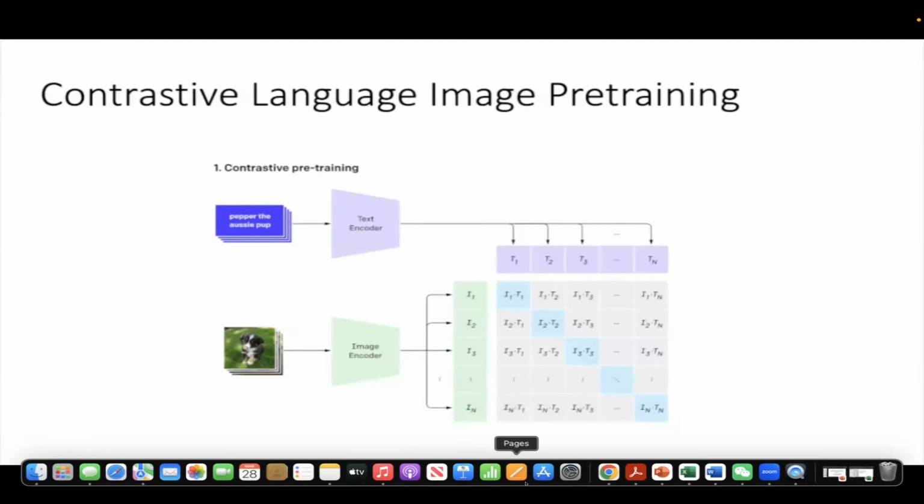So you're training the model essentially to recognize these matching image-text pairs and learn more meaningful representations of the data itself, as opposed to evaluating these non-semantic relationships. You're actually looking for a semantic relationship here.